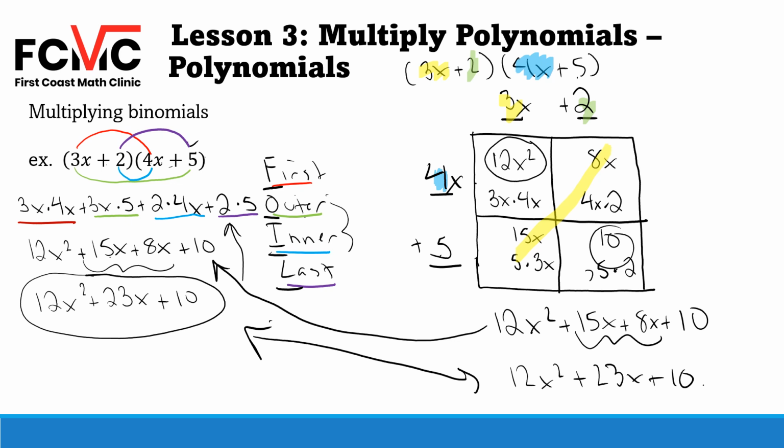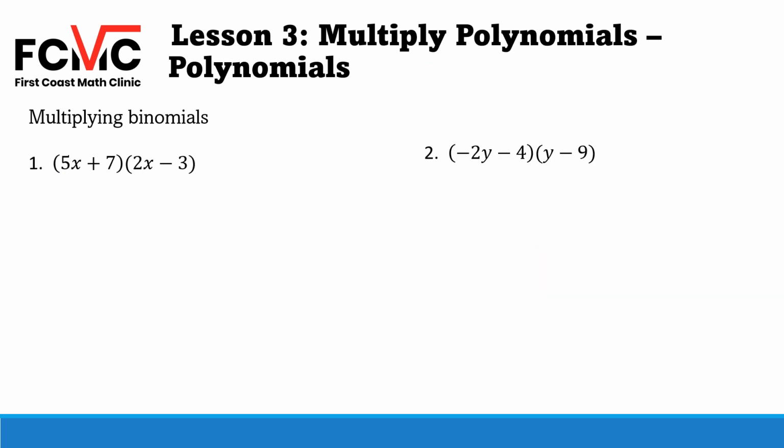All right. Let's get into a couple more examples where we multiply binomials using either FOIL or box method. So let's multiply the binomials for number 1 and 2. So for number 1, we're going to use FOIL. So first set of terms are going to be 5x and 2x.